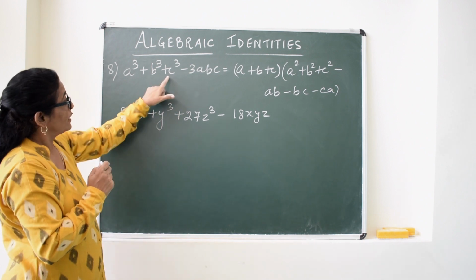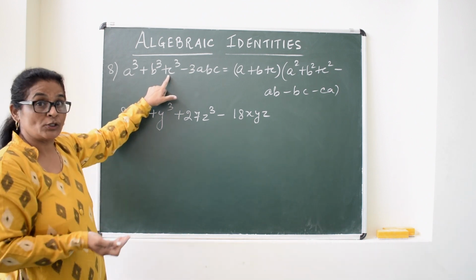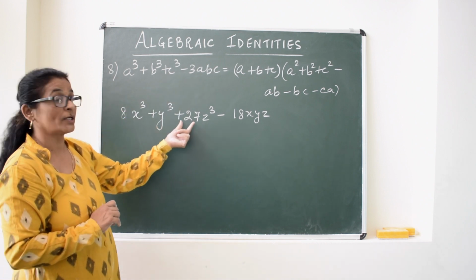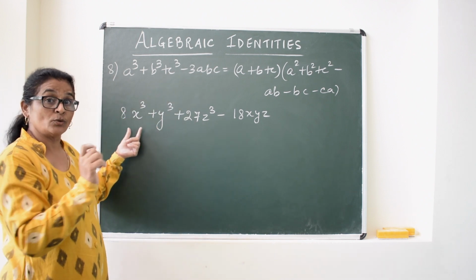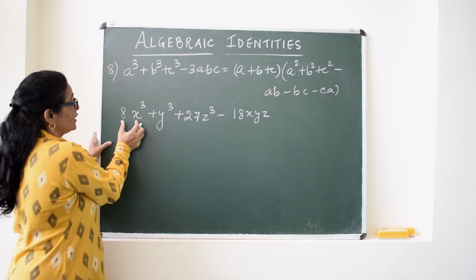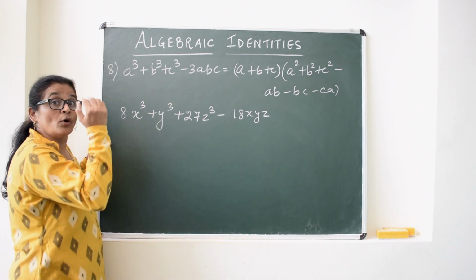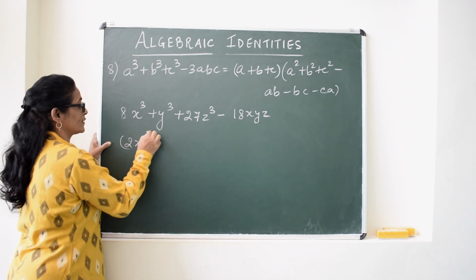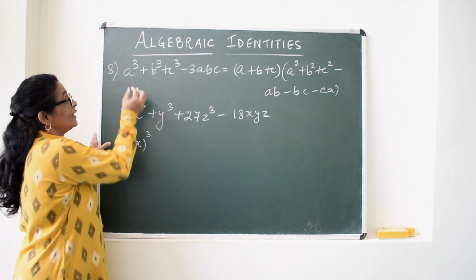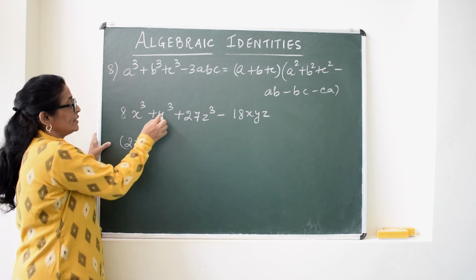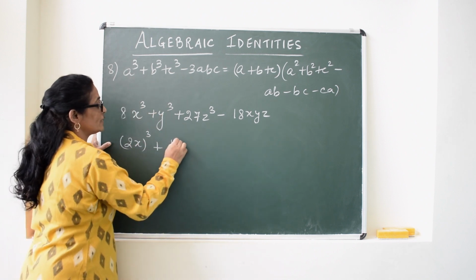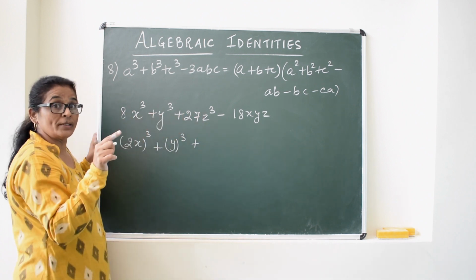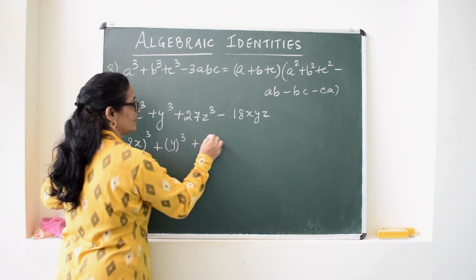So this is definitely a cube plus b cube plus c cube minus thrice abc. So first of all we have to choose what are the 3 quantities. What are those 3 terms? So 8x cube is cube of what? 8x cube is cube of 2x. It means the first quantity a is 2x. Similarly, y cube is cube of y. And 27z cube is cube of 3z.